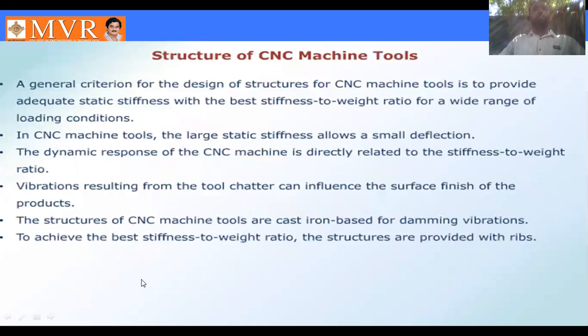Another point: the structure of CNC machine tools. What is the general structure of CNC machine tools?